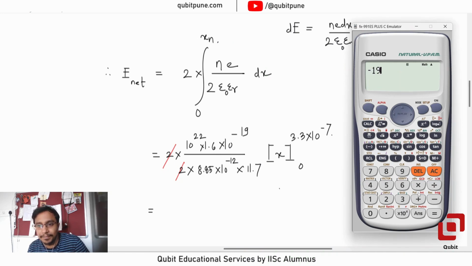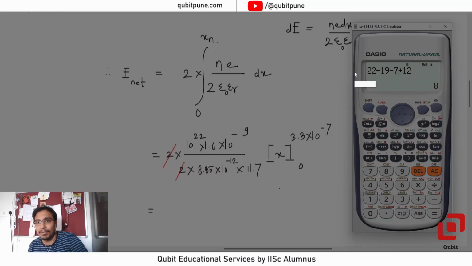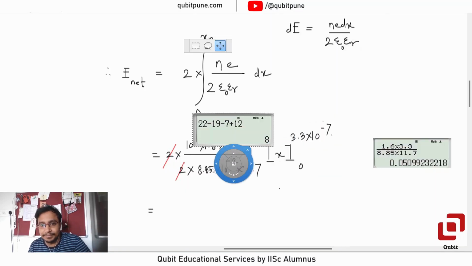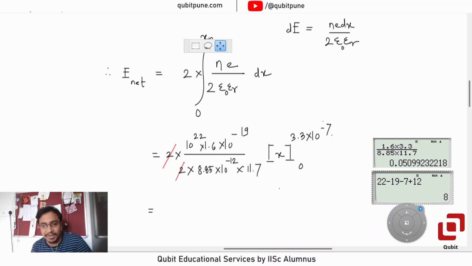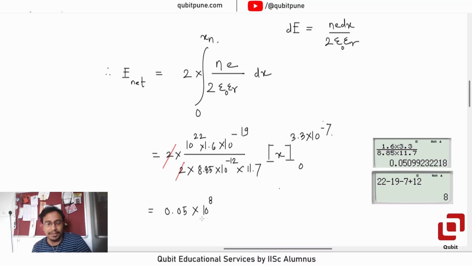Negative 9, minus 7, plus 12, plus 22. Sorry, plus 22. Eight. Okay, 8. So it is basically 0.05 into 10 raised to 8, or 5 into 10 raised to 6 Newton per coulomb or volt per meter.